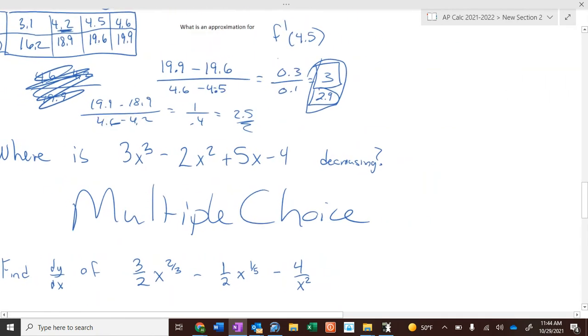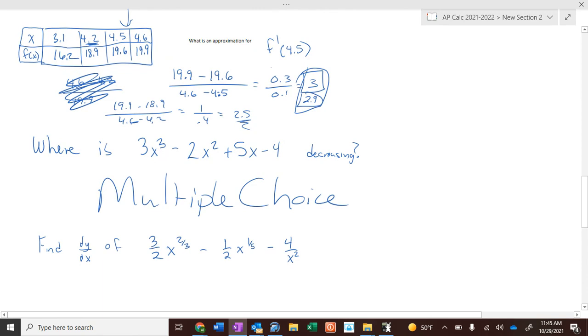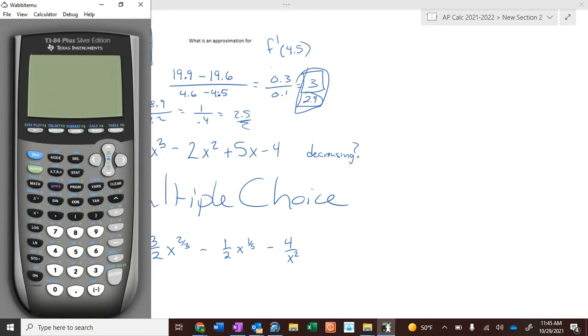Okay, now I just slapped up a willy-nilly equation here, so it doesn't have very good values for where it's decreasing.